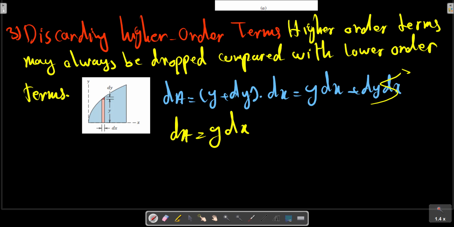Approximately. The next note is choice of appropriate coordinates.